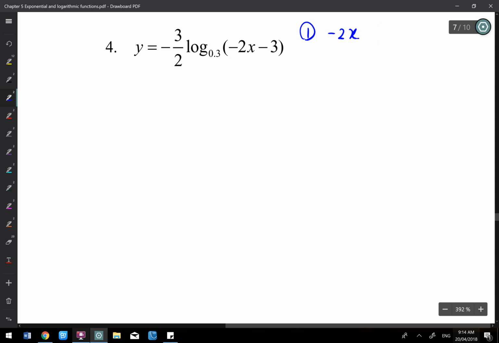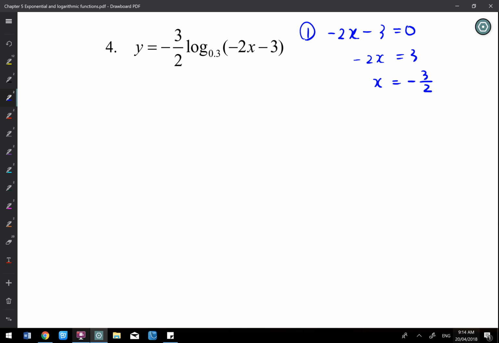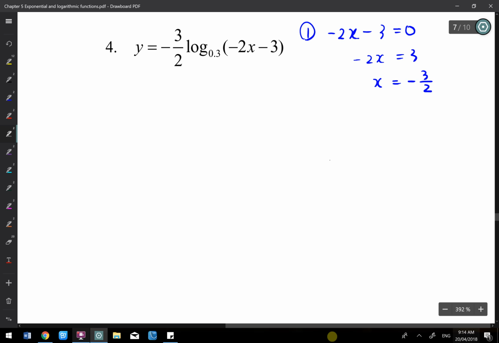What's wrong with my pen? Minus 2x minus 3 equals 0, so minus 2x equals 3 and x equals minus 3 over 2. Okay, minus 3 over 2. Let's sketch for it.